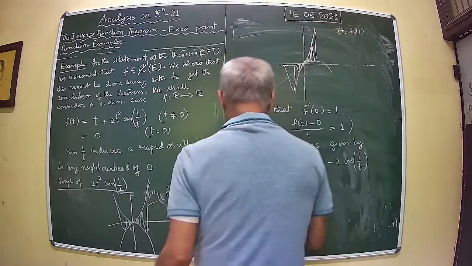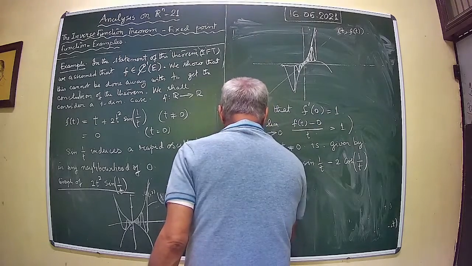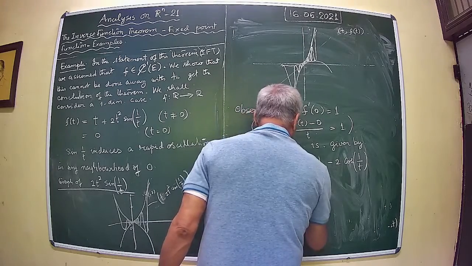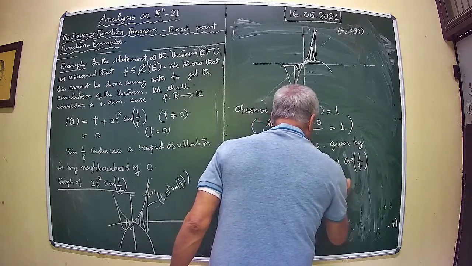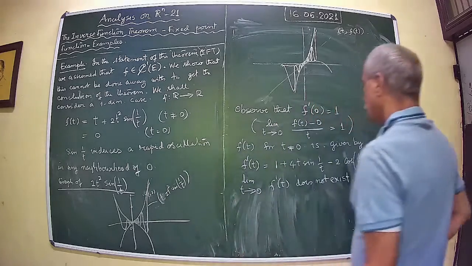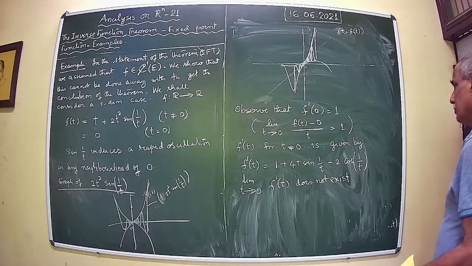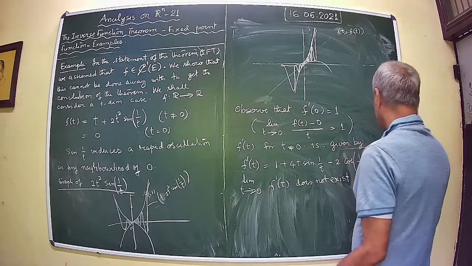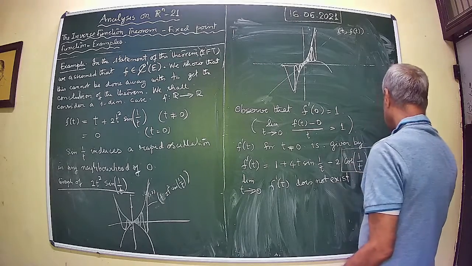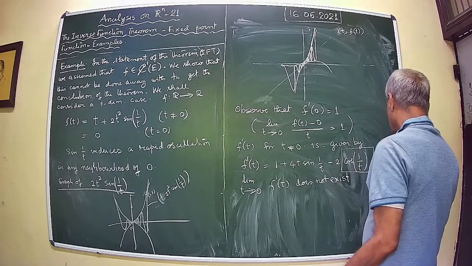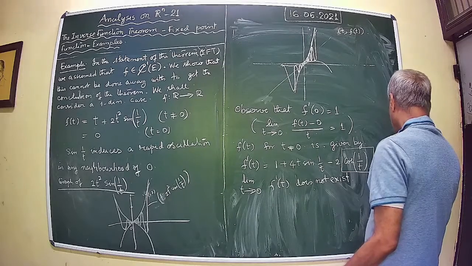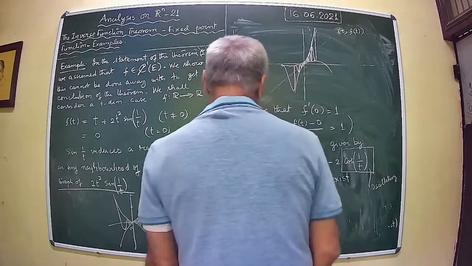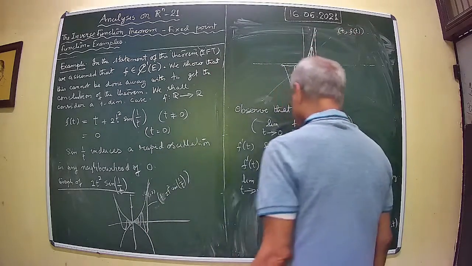You see that the limit as t tending to 0 does not exist. Why does it not exist? Because this term is oscillatory, and as t tends to 0 it does not tend to a limit. All other terms are well behaved.